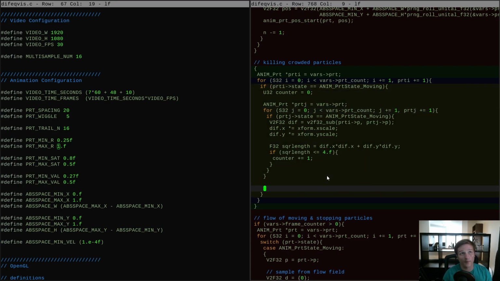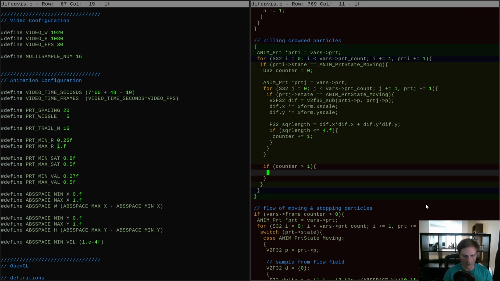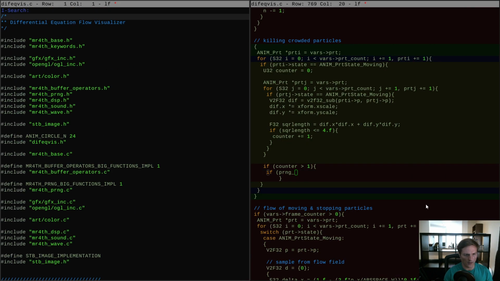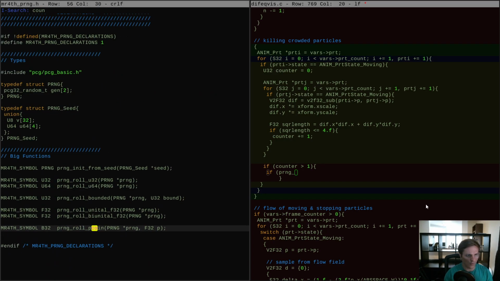And then what's going to happen is if the counter is greater than 1, then we can do if prng, let's see, prng.h flip, do I have coin? Do I have pcoin?